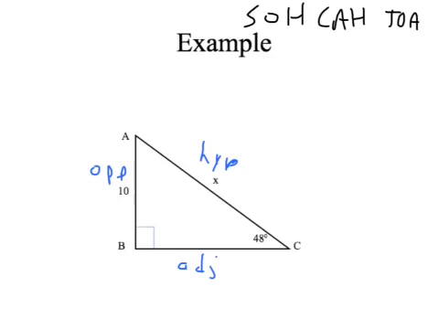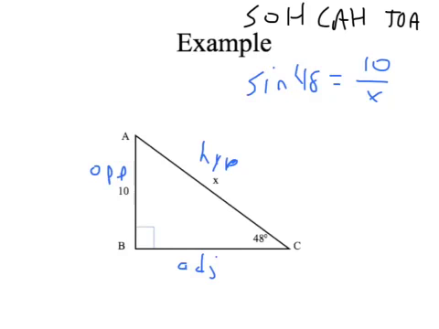I know my opposite is 10, my hypotenuse is x. So which function is opposite and hypotenuse? Which one is O and H? Would be sine. So sine of the angle, which is 48 degrees, is equal to my opposite side, which is 10, over x.